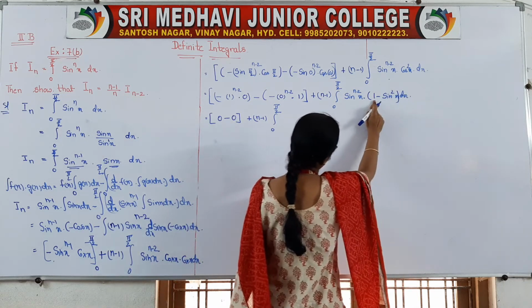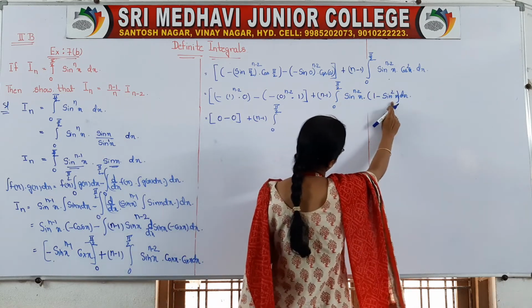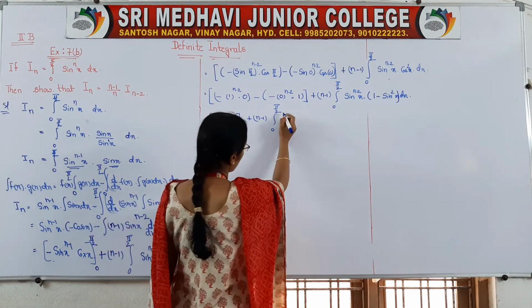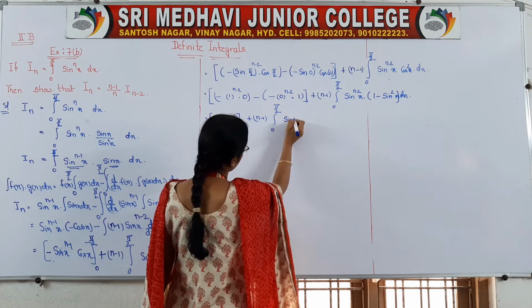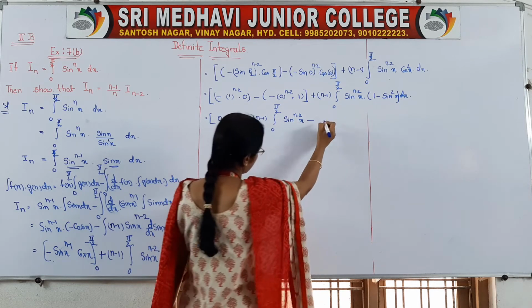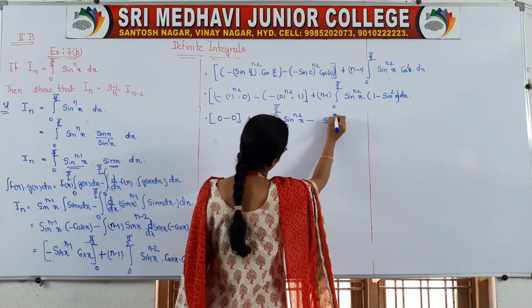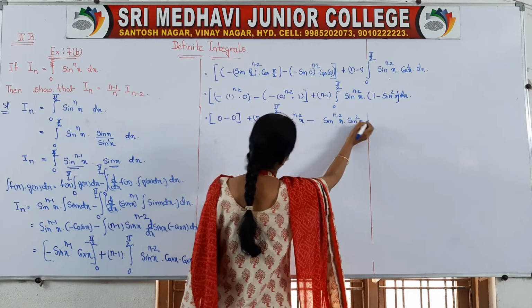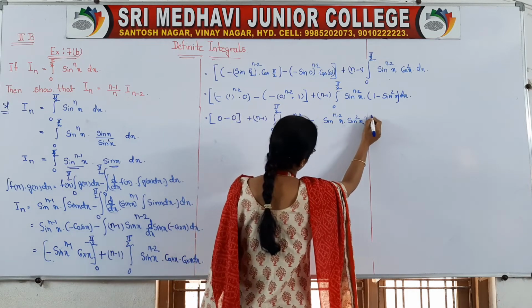So first one with this, next sin square x with this one. So how we can take? It is sin to the power of n minus 2x minus sin to the power of n minus 2x into sin square x dx.